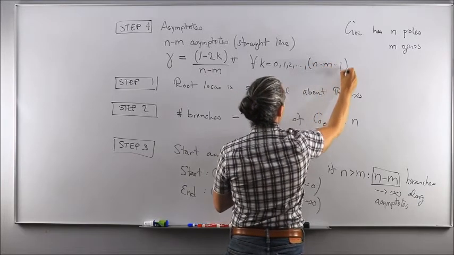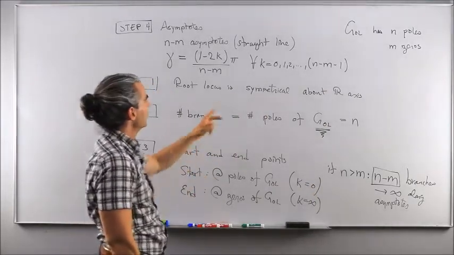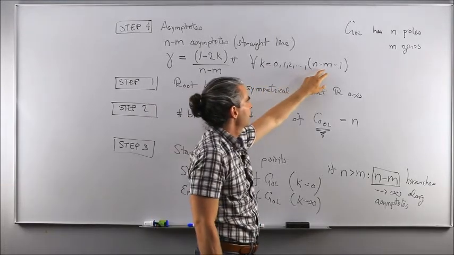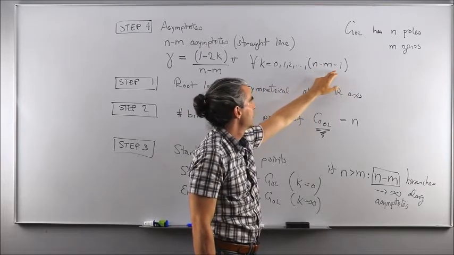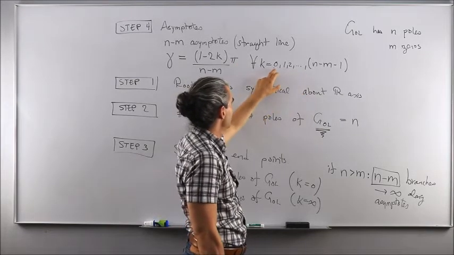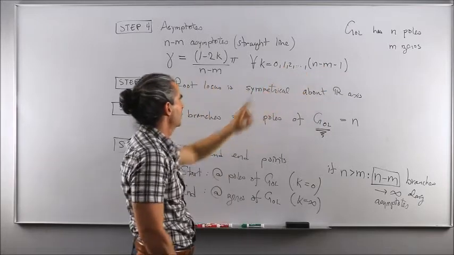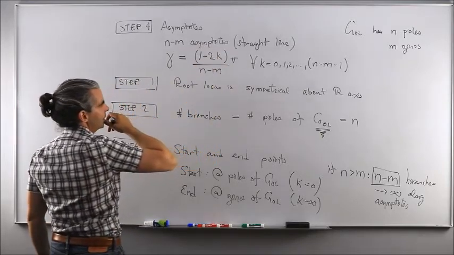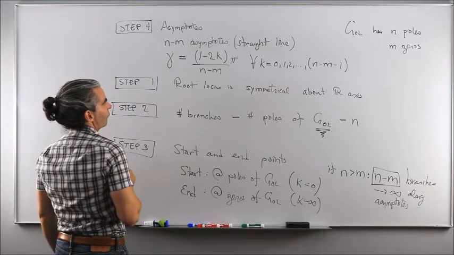So if you have 2 asymptotes, which we had in our previous example, we start the calculation at k equals 0, but n minus m was equal to 2, because we had 2 poles and no zeros, and then minus 1 gives 1. So the index k ranges from 0 to 1 only, so we had 2 asymptotes to calculate: one with k equals 0, and the second one with k equals 1.